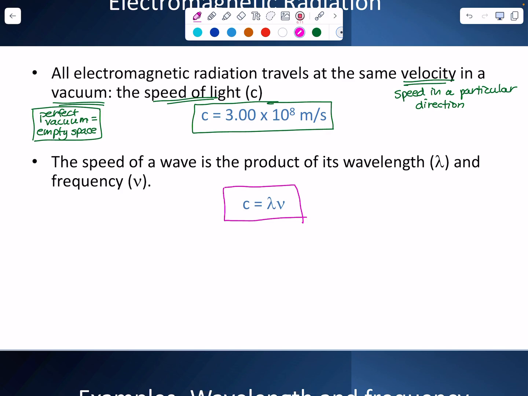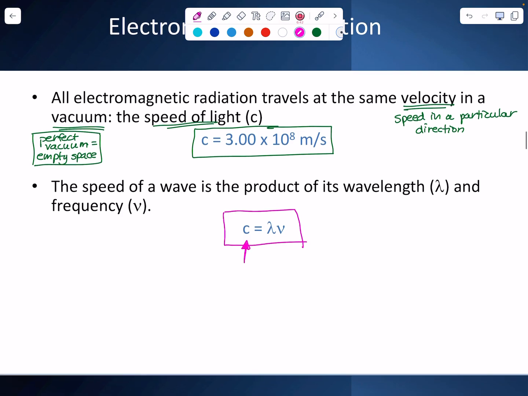Do you remember our trend? The longer the wavelength, the lower the frequency. The bigger one number becomes, the smaller the other has to become, and they do that in such a way that their product always winds up being the speed of light. So they have to vary in that way for the wave to be traveling at that speed.